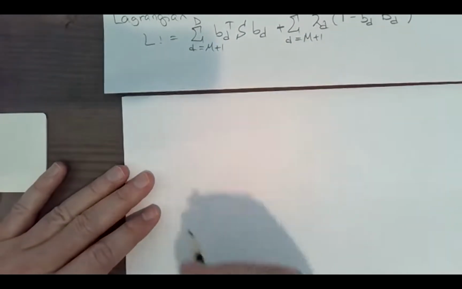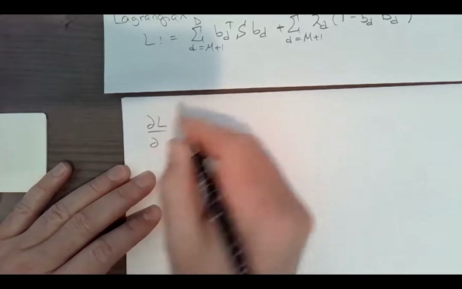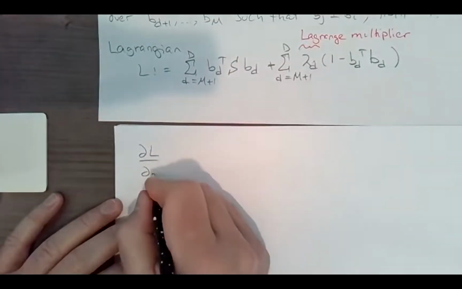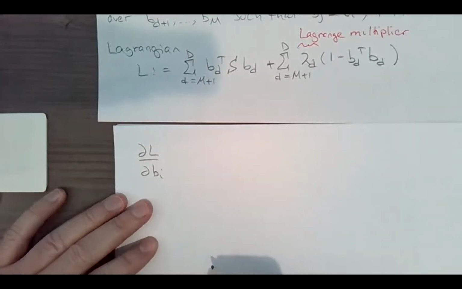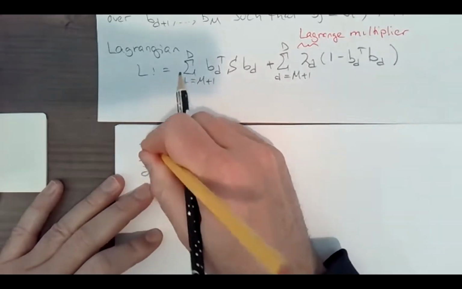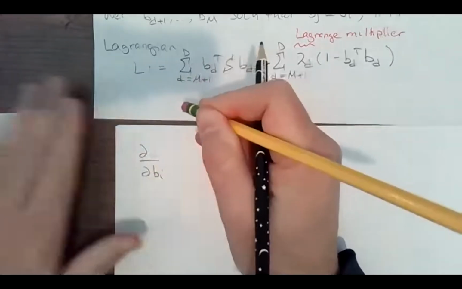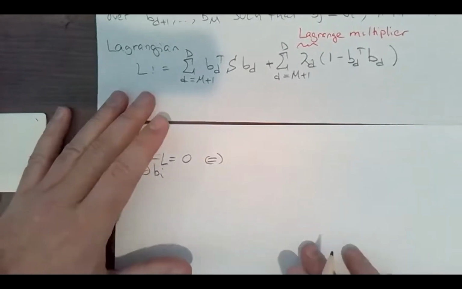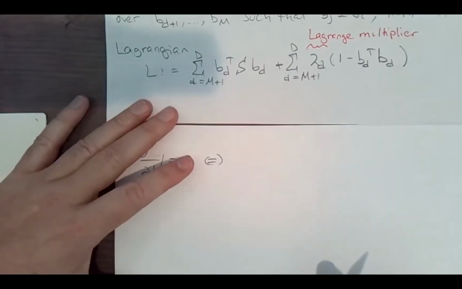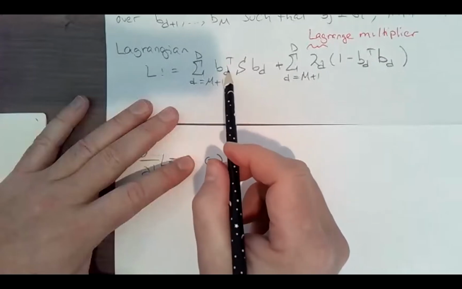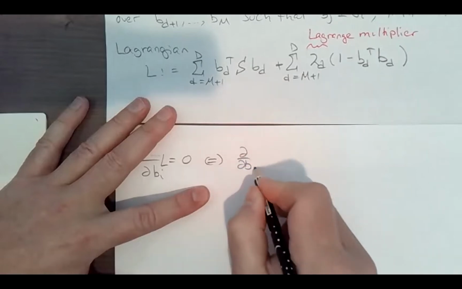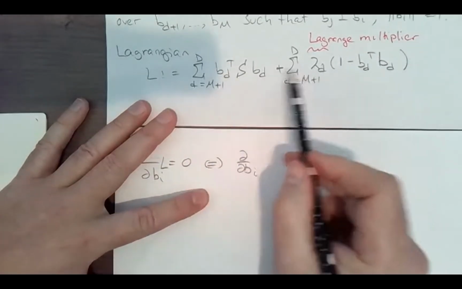And what we do is we take the derivative with respect to one of these quantities we want to maximize over. So let's take a BI. We want to set that equal to 0. It's a quadratic problem, so taking the derivatives will give us something that is linear. I need to take the derivative with respect to, say, BI, and then I can combine these here.